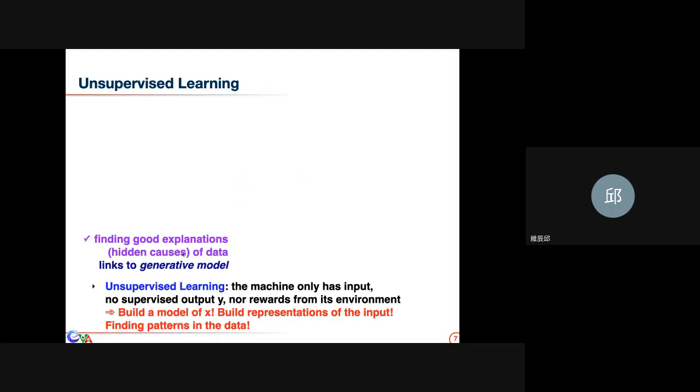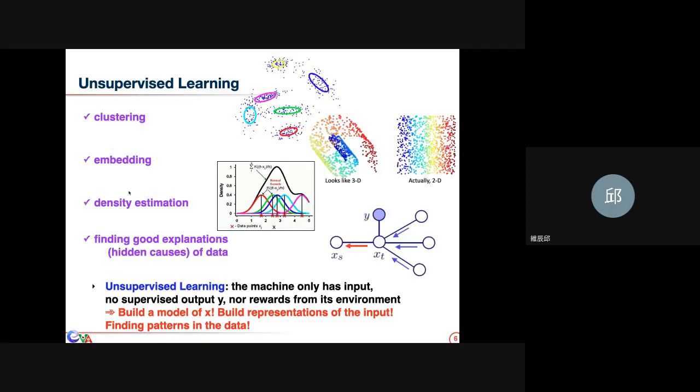For the last one, finding good explanations of data, I think this is actually quite popular nowadays because it directly links to generative models. Later on we will give you a brief introduction on the basic idea behind clustering, embedding, and also density estimation.